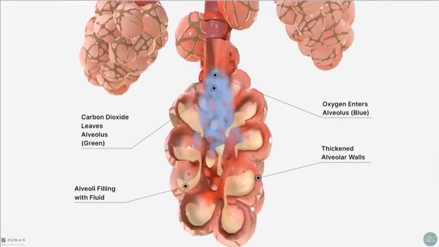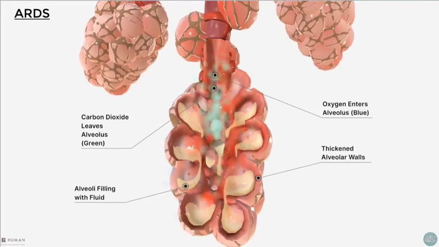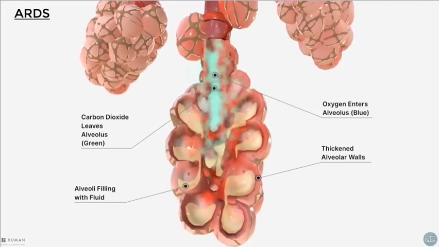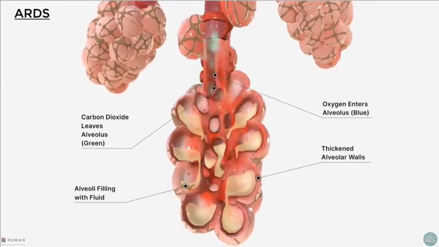This cascade of inflammatory mediators causes an uncontrolled systemic inflammatory response, which leads to acute respiratory distress syndrome, or ARDS. This is the rapid and widespread inflammation in the lungs, which causes the epithelial and endothelial cells of the lungs to secrete inflammatory mediators which fill the alveoli.